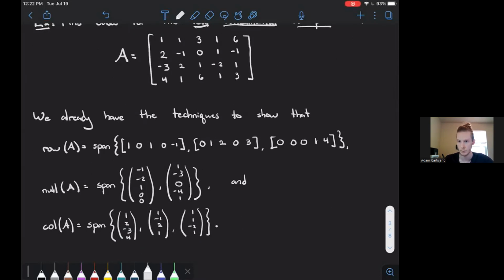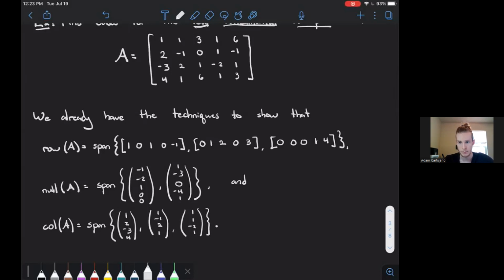Just augment with the zero vector and solve the corresponding homogeneous system of equations, so just find all solutions and parameterize the subspace of solutions. That is precisely the null space. The number of free variables is the nullity, which is the dimension of the null space. The rank is the dimension of the row space.